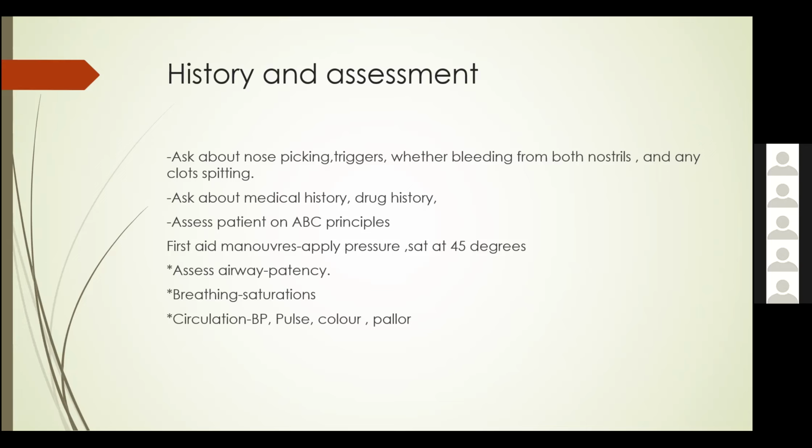Because anterior epistaxis, the one from Little's area or from the Kiesselbach plexus bleed, tends to be unilateral, whereas bleeding from the posterior aspect of the nasal cavity tends to come from both nostrils. And those who are bleeding from the posterior aspect of the nose tend to spit clots as well. You also have to ask about medical history and drug history, like I've alluded to earlier on.